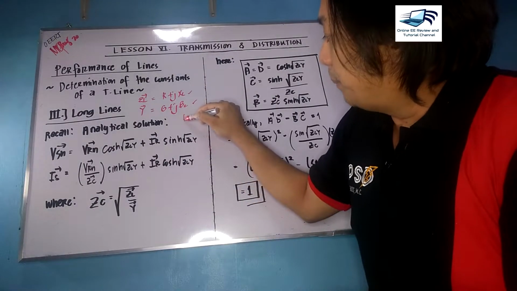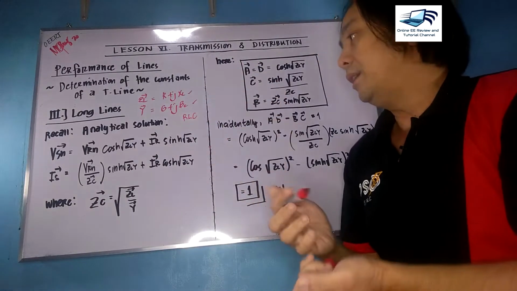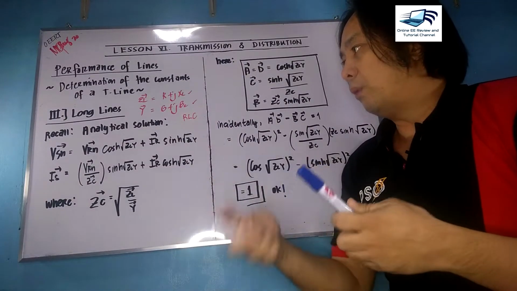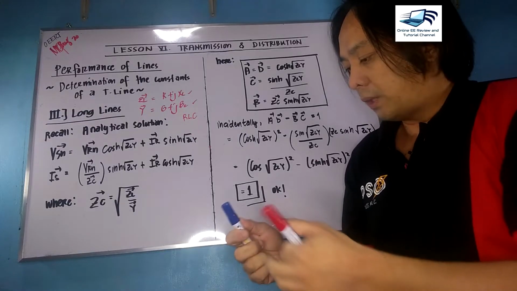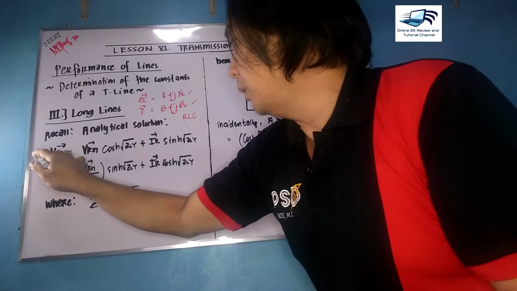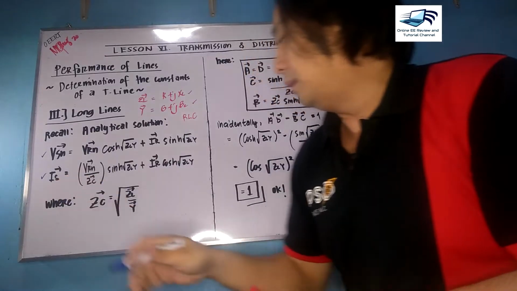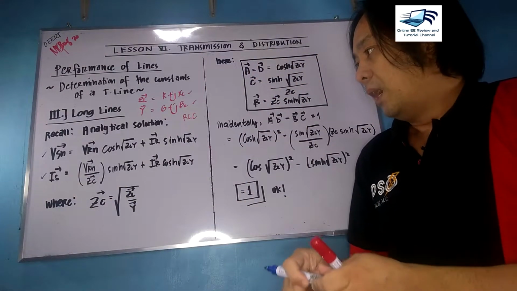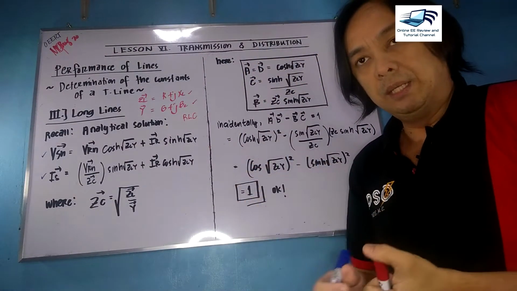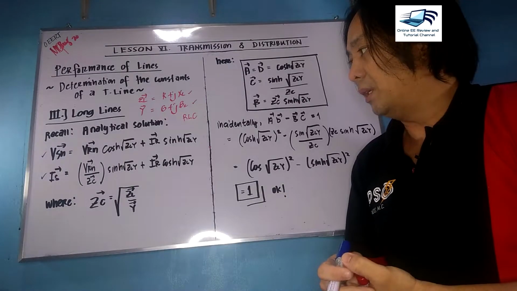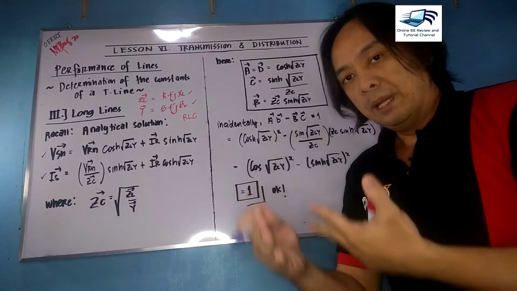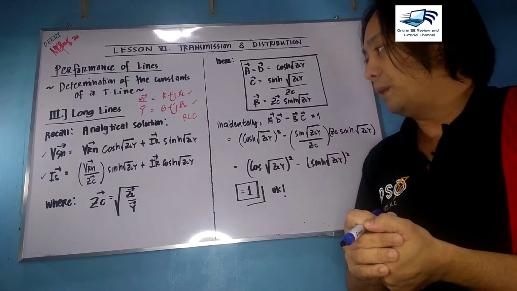So it has a complete parameter R, L, and C. Based from our analytical solution or using the rigorous method, we already established these two important equations. But what I've done in this part is I use the format of what we have on the two-port network so that it will be in line with the corresponding units.